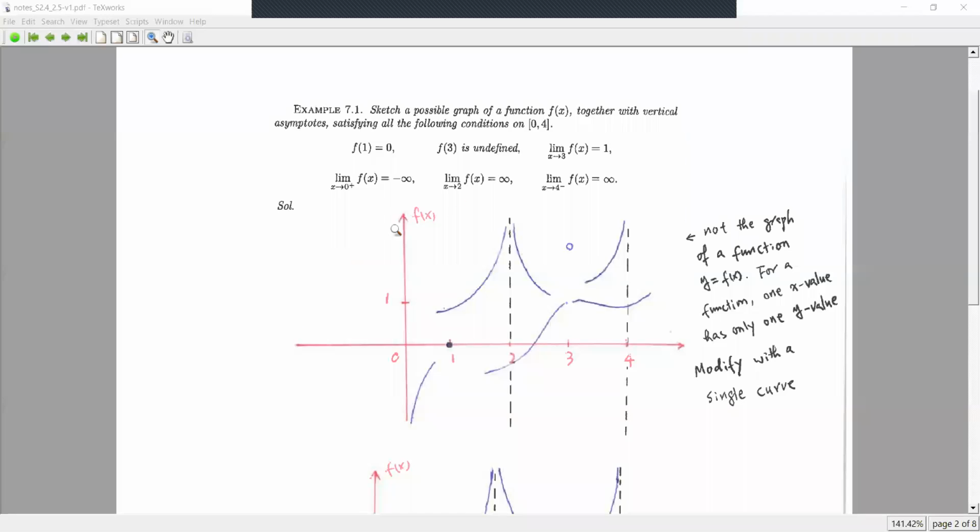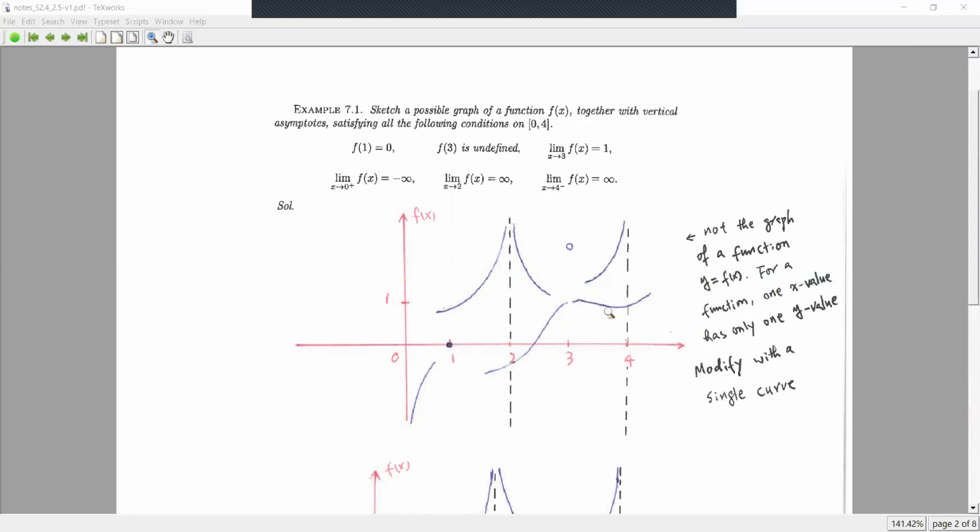Please note that this is not the graph of a function. For a function, one x value has only one y value. Take a look at this diagram and consider this point. This point is about 3.7. At x equals 3.7, I can see there are two y values.